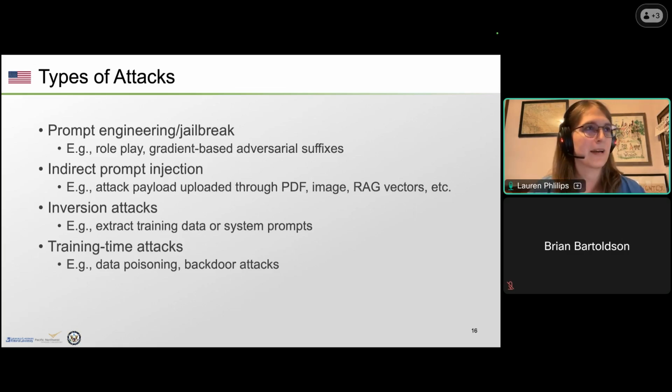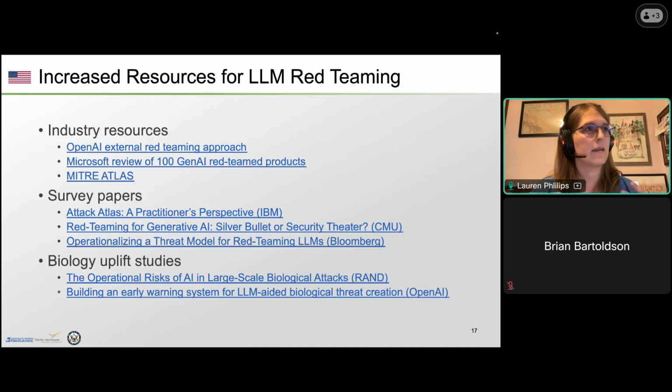So I'll skip over this rather than walking through every single example. The goal here is that as we gain experience with LLM red teaming, we should be able to help identify new vulnerabilities as they occur, rather than waiting for somebody else to discover them. I like to have resources if you're interested in diving deep.